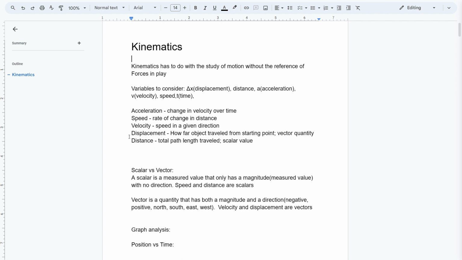So if a ball was launched from here with a velocity of 5 meters per second, right before it touches the ground, it's also going to land with a velocity of 5 meters per second. And yeah, that's basically what we gotta know for projectile motions.